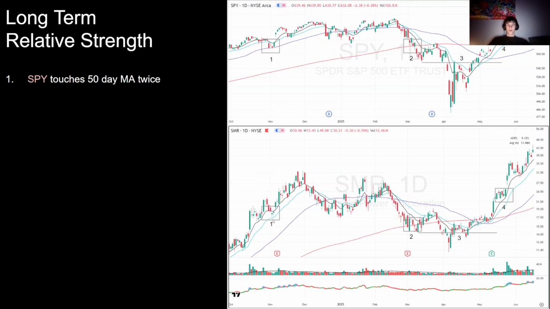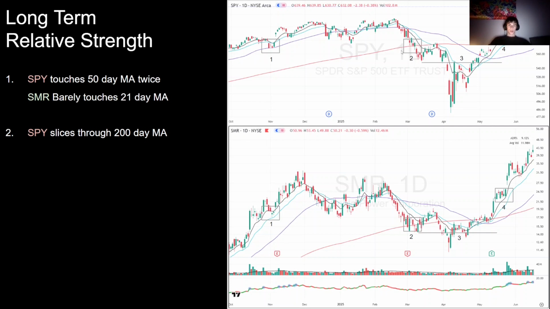We gap down and wick the 21 EMA very lightly, and then continue to trend up. That's already displaying incredible relative strength to the general market, because we don't have a deterioration in price while SPY is really struggling in this low area. SMR barely touches the 21 moving average.